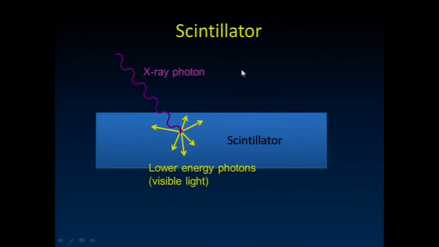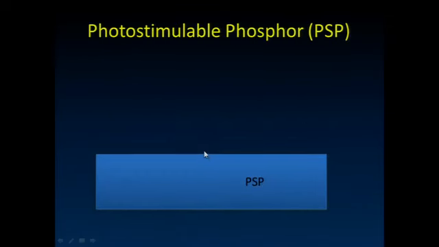Scintillators, we're going to see a lot about scintillators in nuclear medicine. An X-ray photon comes in, and as soon as it interacts in the scintillator, it converts that high energy X-ray photon energy into multiple visible light photons. Very similar to the screens. Screens are made out of a scintillator material that I talked about. Here's a photostimulable phosphor.